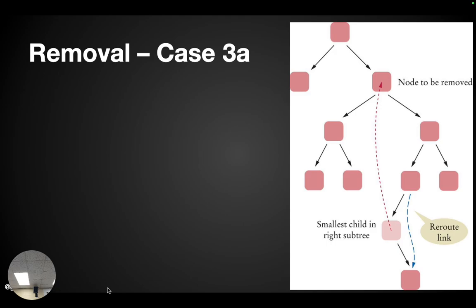The way we do that is we look in our right subtree and we just keep going left, because this node is less than this node because it's the left child. And when we get to a node that has no left child, we know that we have found the least valued child in the right subtree. Then this node can go up here to replace the node to be removed. And if it does have a right child, we'll just link this one in like that.